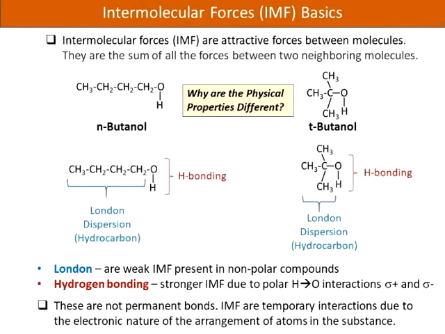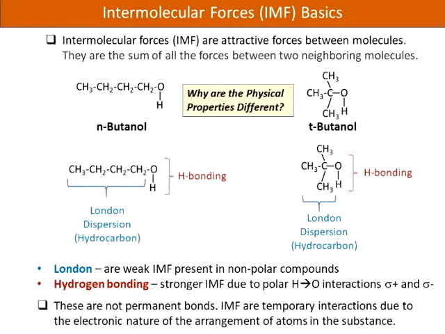So let's look at the difference between the London and hydrogen bonding forces in N-butanol and T-butanol. In the case of N-butanol, the London forces, which are also known as dispersion forces or hydrocarbon forces, are due to the 4-carbon chain hydrocarbon component.